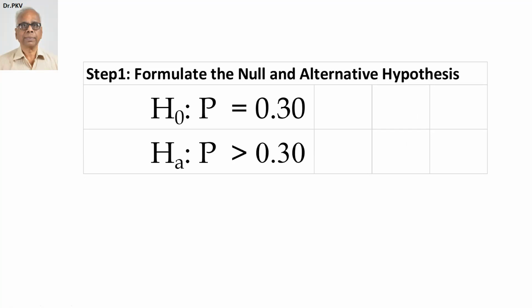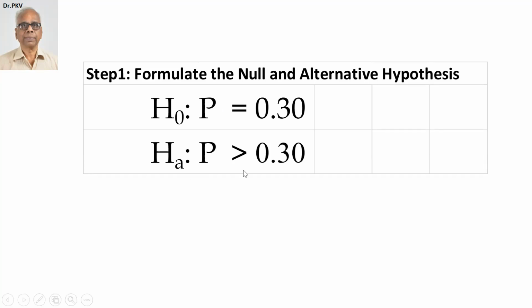Formulate the null and the alternative hypothesis. H0, the null hypothesis, population proportion capital P equal to 0.3. HA, the alternative, population proportion capital P greater than 0.3. We are using capital P for the population proportion and small p for the sample proportion.